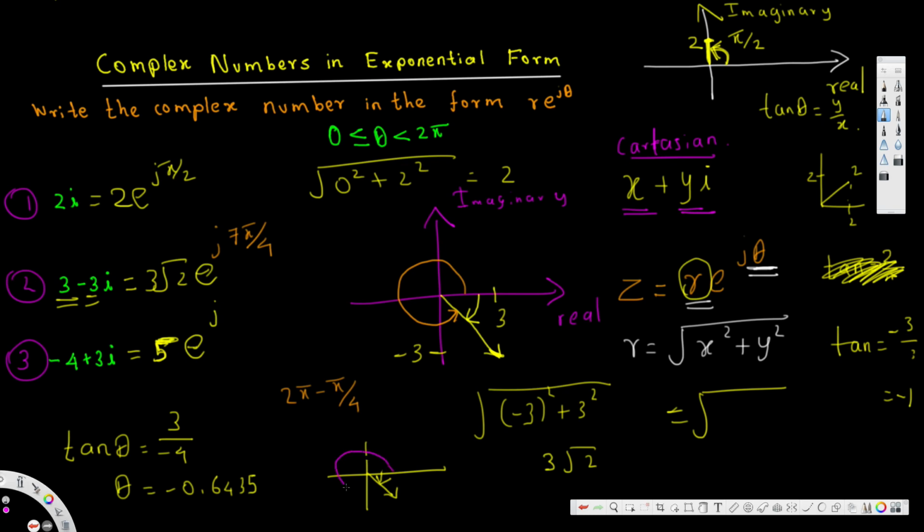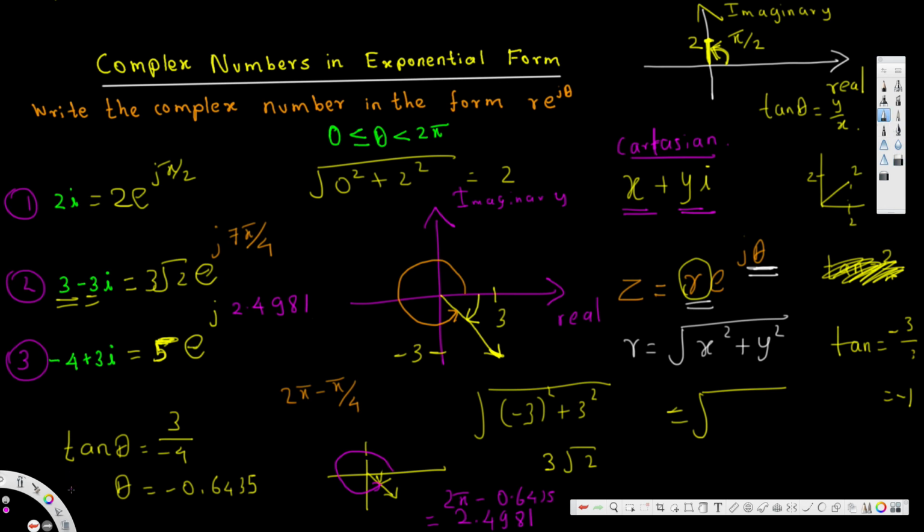So the total is 2π, 2π minus 0.6435. If you put it in the calculator, you will get 2.4981, and that's going to be the angle here. 2.4981 j. J is already there, so that's it. That's how we convert from Cartesian form to exponential form.